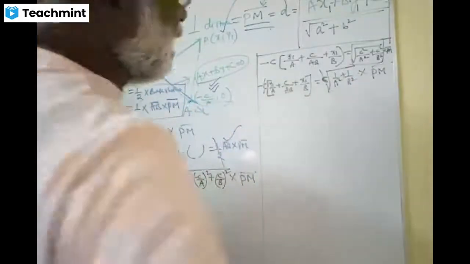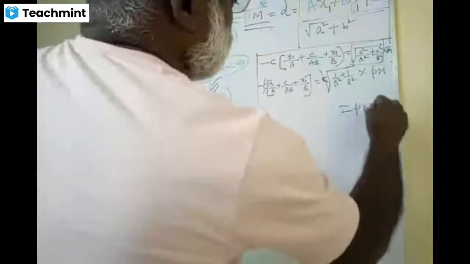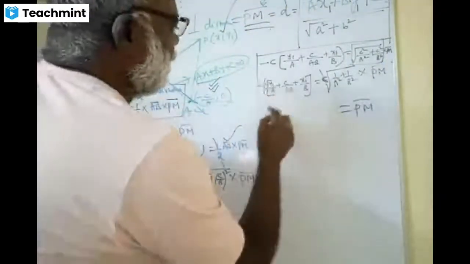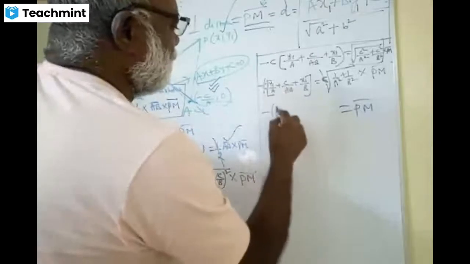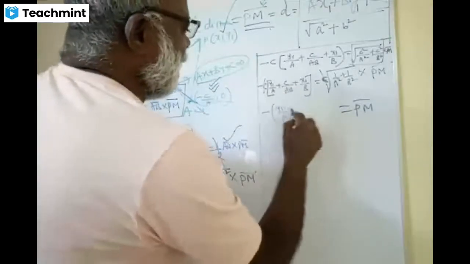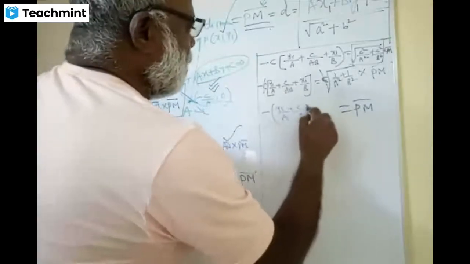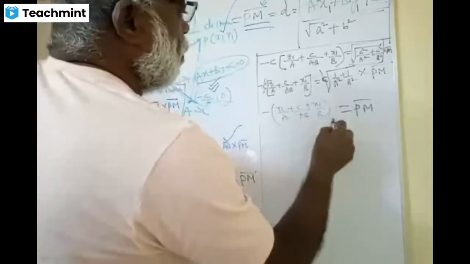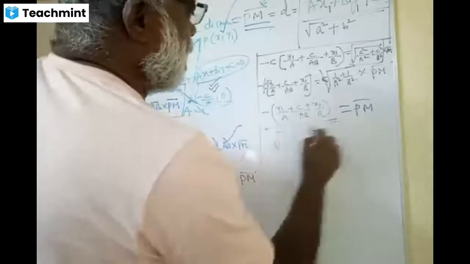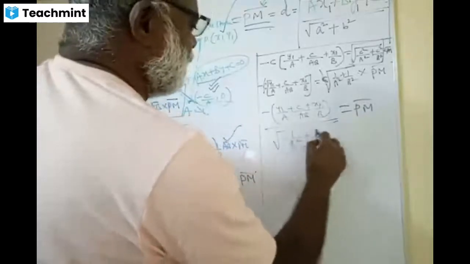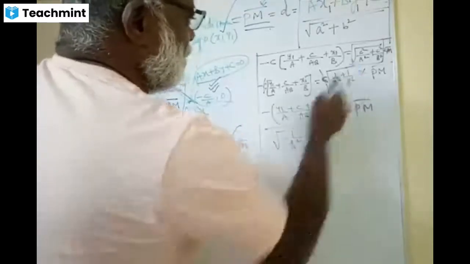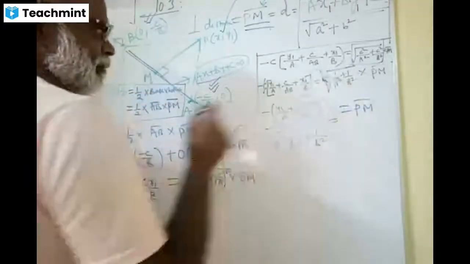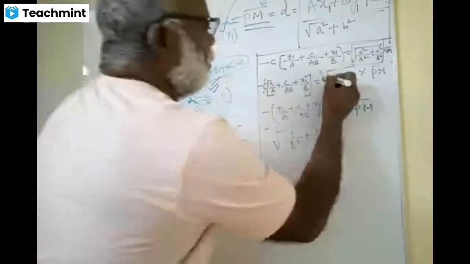Therefore, here PM equals to, shall I write here? Minus, minus y1 by A, C by AB plus x1 by B, whole divided by root of 1 by A square plus 1 by B square. Yes or no? Yes? Yes, sir. Wonderful, wonderful.